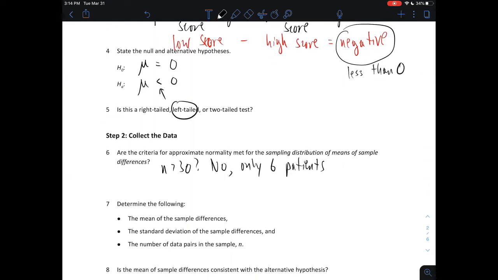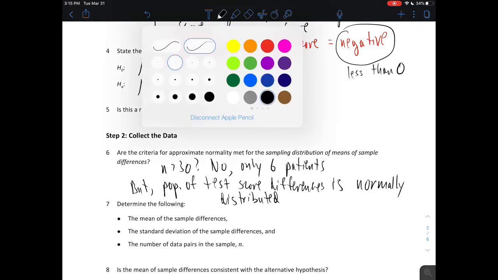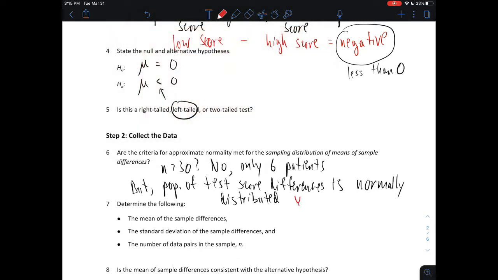So we do have that the population of test score differences is normally distributed. So since we at least have that, then we can say yes for number 6.